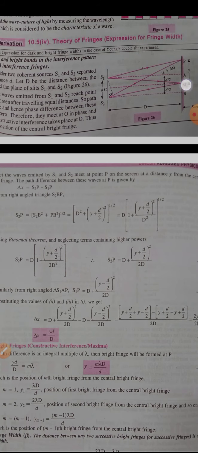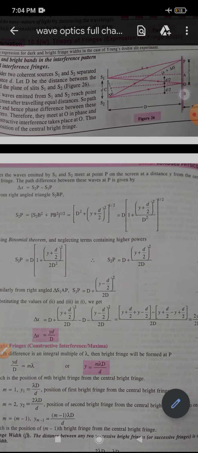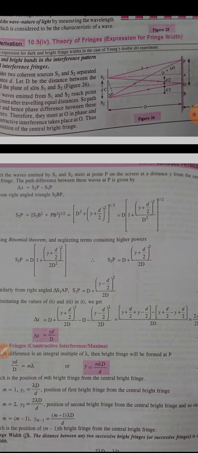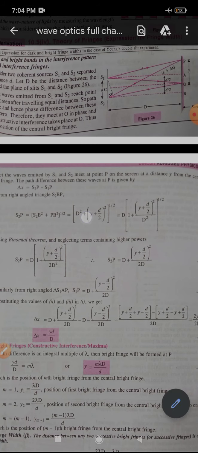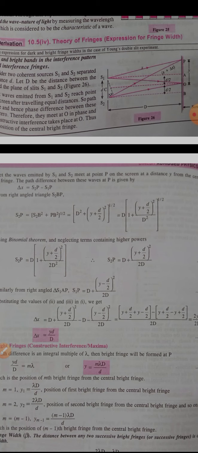From the center to A and from the center to B we have d by 2. From P to O we have y, and from O to B we have d by 2, so the total length from P to B is y plus d by 2. So S2P is equal to (D square plus (y plus d by 2) square) raised to 1 by 2.